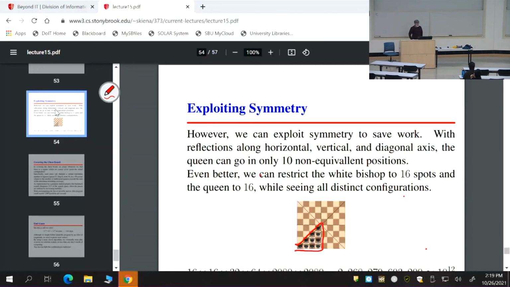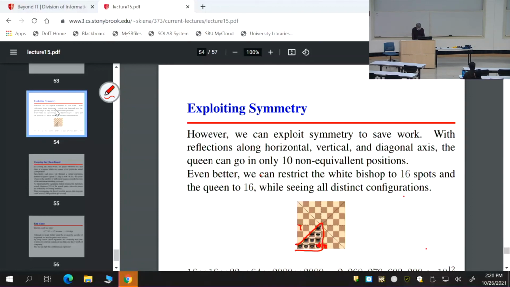Does anybody see that if I have any solution to this problem where the queen is not in one of these squares? Suppose you said, no, the queen is over here. Well, what does that mean? That is the same thing as a queen that was here that was reflected over there, right? What if you say, no, the queen was over here?